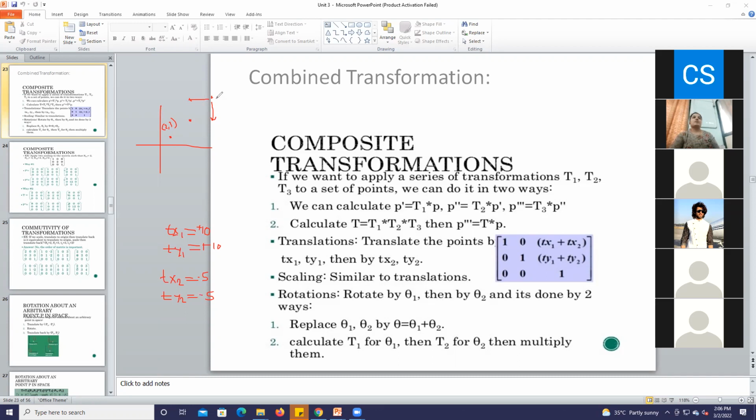मग एवढे ट्रान्सफॉर्मेशन करण्यापेक्षा मी काय करणार आहे, tx1 and tx2 ऍड करणार. tx1 काय, 10, tx2 काय, -5. 10 आणि -5 म्हणजे काय झालं, tx is equal to 5, दोन्हीची ऍडिशन. And what about ty? ty म्हणजे काय, तर ty1 plus ty2. ty1 म्हणजे 10 आहे, ty2 म्हणजे -5 आहे.